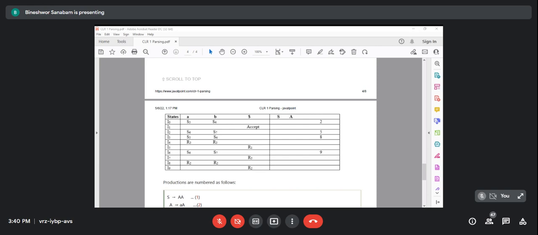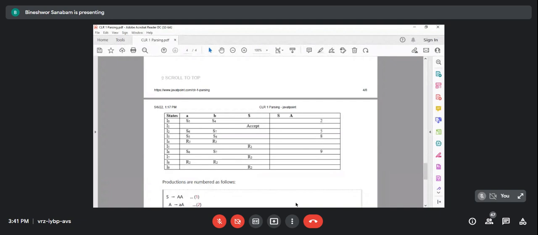Then the next one is LALR parsing. Here what we learned was that there are a few states which have the same LR0 items but different look ahead symbols, right? Because of that, we have some more extra states than the previous parsing types.